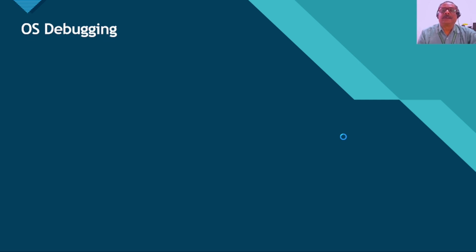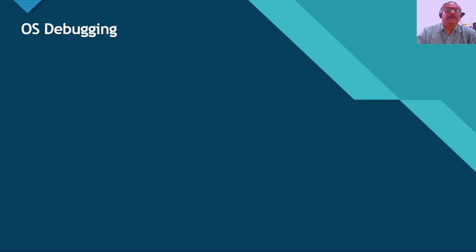It's a detective game that requires patience, tools, and deep understanding of how things work beneath the surface. But when you finally find that one line of code that was bringing the system down, it feels like magic.